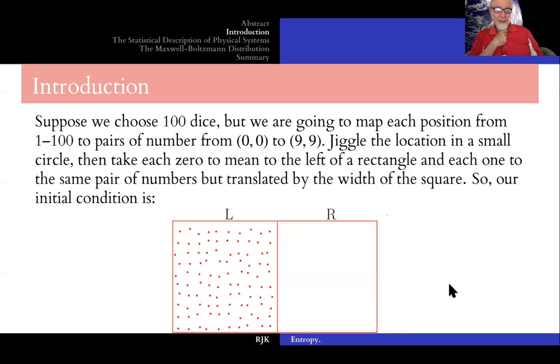So I can map 1 into 0,0, and 100 into 9,9. And then just to make the picture look a little prettier, I can jiggle the location so that it looks like it's moving. It's not really, it's just going into a particular space.